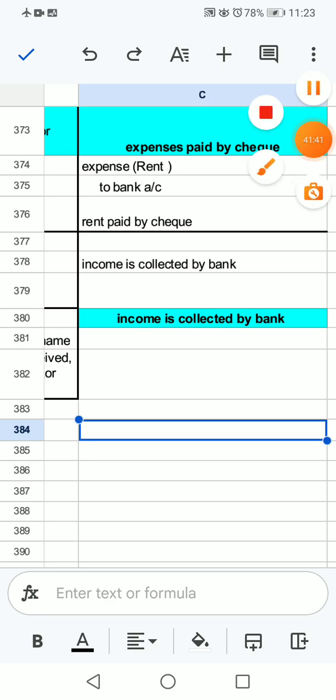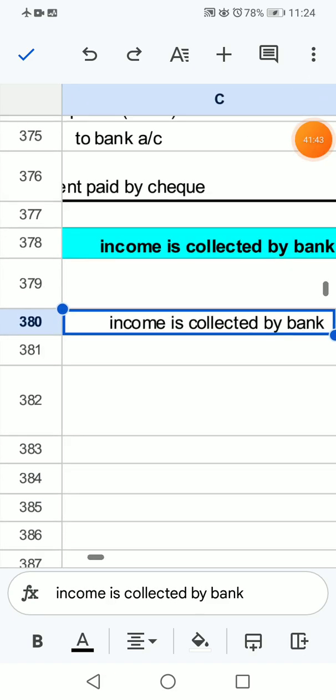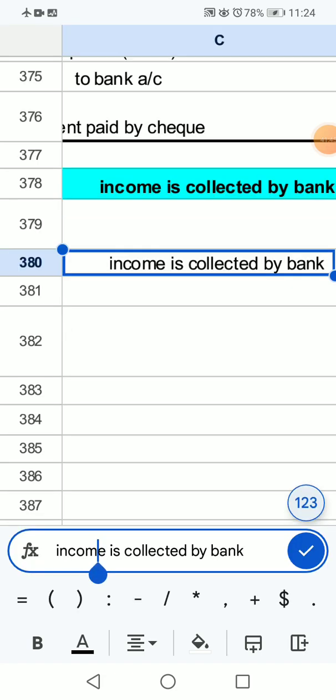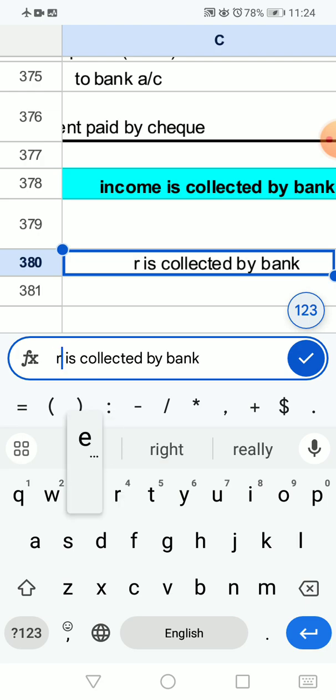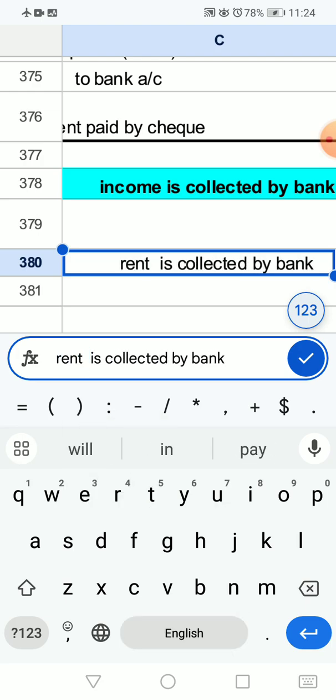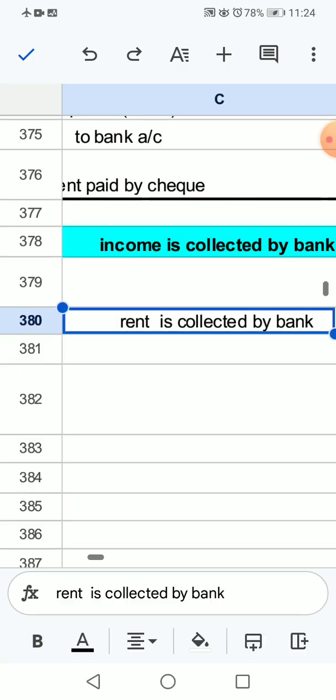Instead of income, I'm writing an example. Let's say you are now the landlord and rent is collected by your bank. Suppose you have a house and you have given that house on rent.